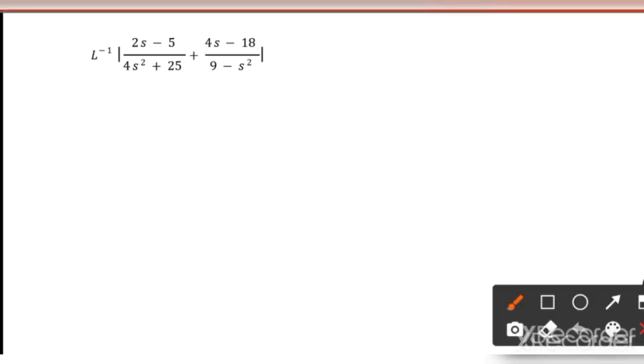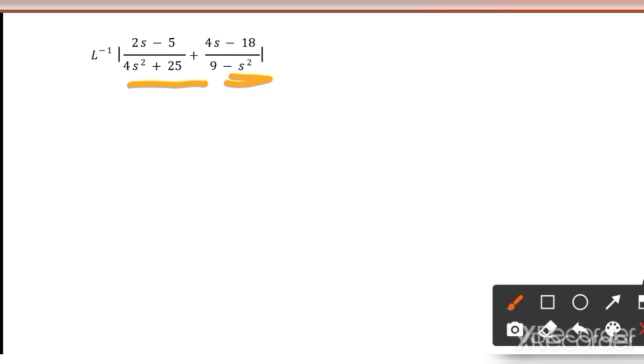So we have to first make these in standard format. If I have s square plus a square or s square minus a square, I can write it in terms of the standard format. What is that? Either s by s square plus a square or s by s square minus a square.